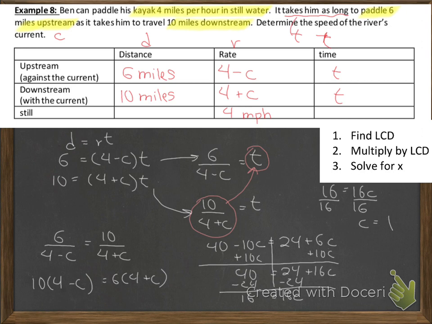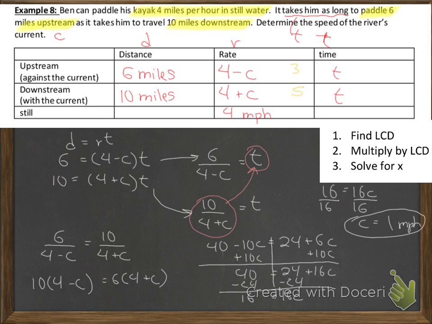Well, 1 what? Remember, if we look here, our units are miles per hour. So that's reasonable. It's reasonable to think that the speed of the water is only 1 mile an hour. If he's going upstream, his effective speed is 4 minus 1 or 3 miles an hour, and if he's going downstream, his effective speed is 5 miles an hour.